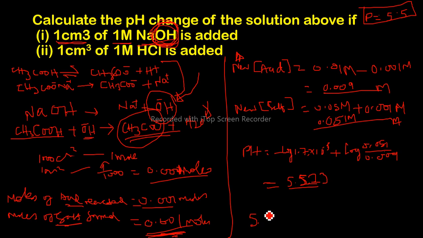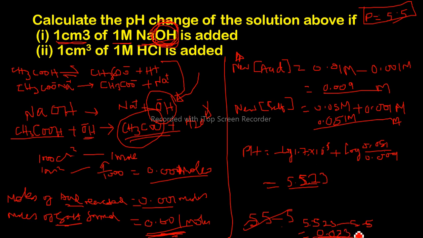Now, since the question wants the pH change, it is simply the new minus the old. The new pH is 5.223 minus the previous pH, which is 5.5. And the pH change therefore is simply 0.0223.